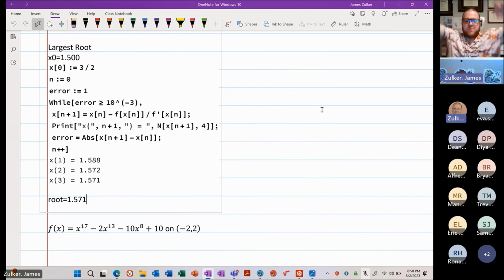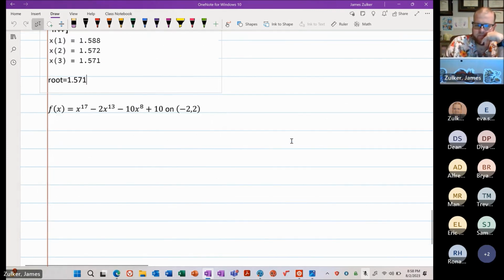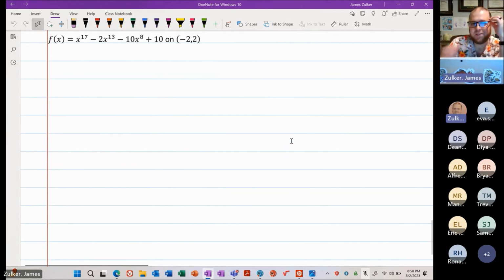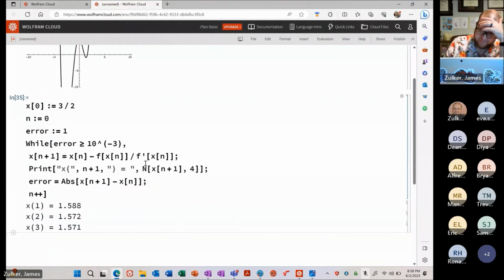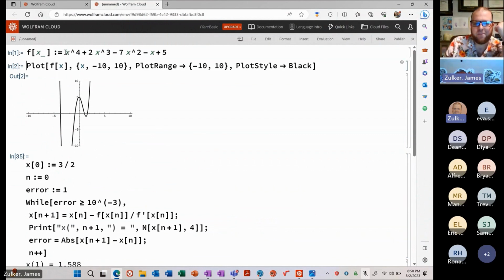All right, so I'm going to find the roots of the 17th degree polynomial on the open interval -2 to 2. I'm just going to make a few adjustments to here, right? Also, I'm going to redefine my f.